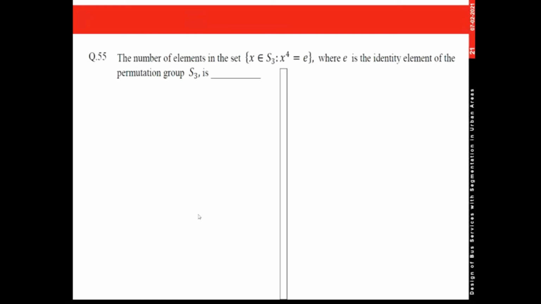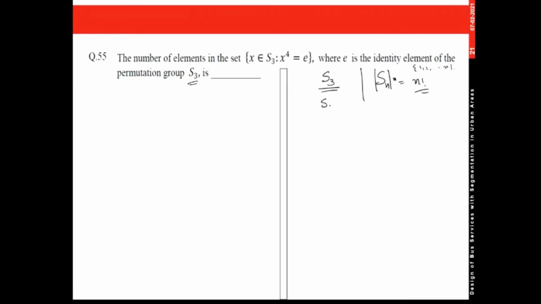The number of elements in the set x in S3 such that x raised to 4 equals e, where e is the identity element of the permutation group, is... So the given group is S3, and you know that Sn is the set of all permutations of n letters 1, 2, 3, etc. And you know that the order of Sn is n factorial.